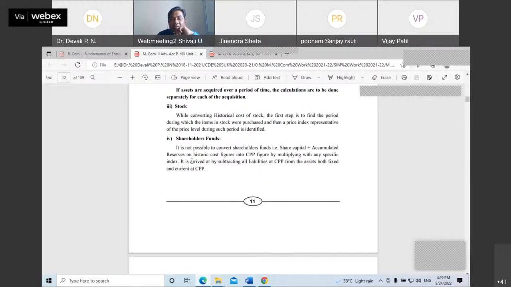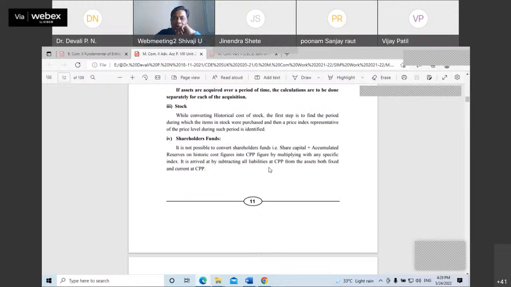But it is arrived at by subtracting all liabilities at CPP, current purchasing power, from the sum of assets, both fixed and current, at CPP. It means you have to get all liabilities under CPP.